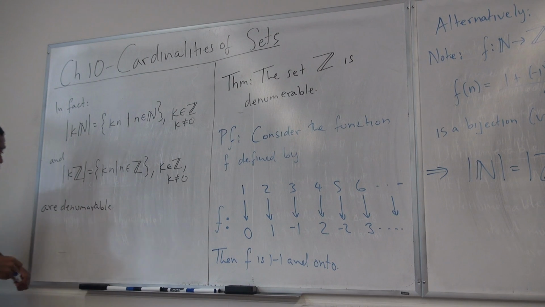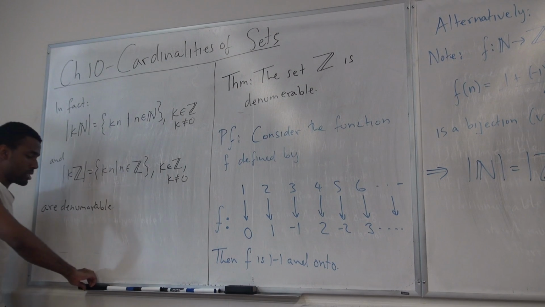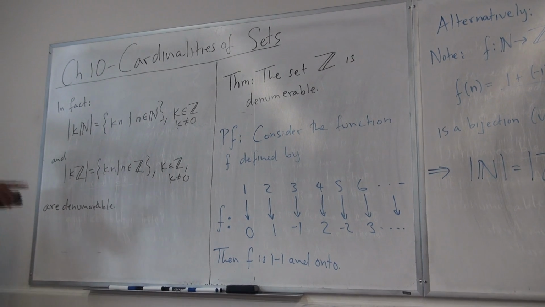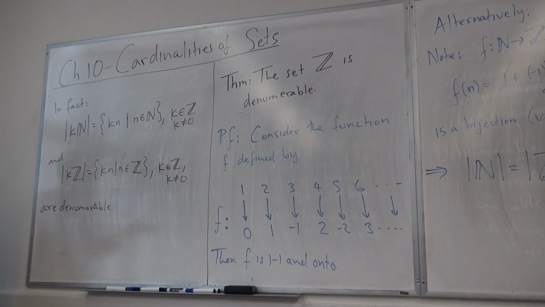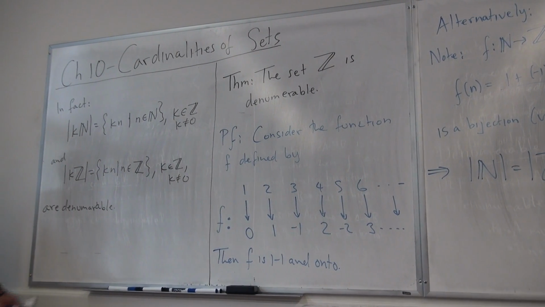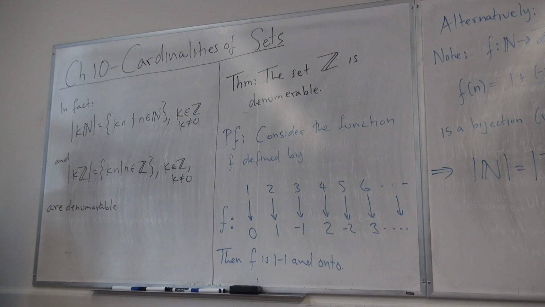Right? So if I look at all the multiples of 2's, they're denumerable. All the multiples of 3's, they're denumerable. All the multiples of 4 or 5 or 6 or 7, they're all denumerable sets. They all have the same size. So you can actually select just the multiples of some integer that you want, and you actually have the same size of all the integers.